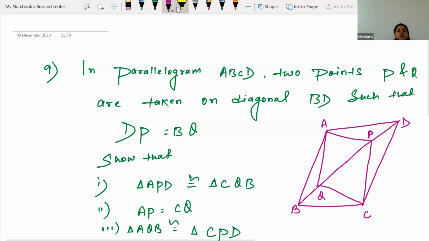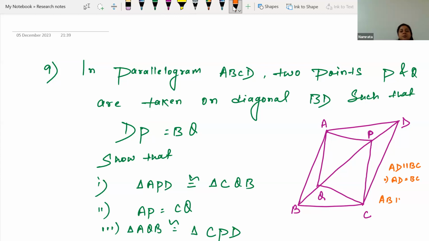So here the question says ABCD is a parallelogram. One thing we know about the parallelogram is that opposite sides will be parallel and equal to each other. So we can write that AD must be parallel to BC, and AD and BC must be of same length. Apart from that, AB must be parallel to CD, and AB and CD must be of same length. That's the property of parallelogram.